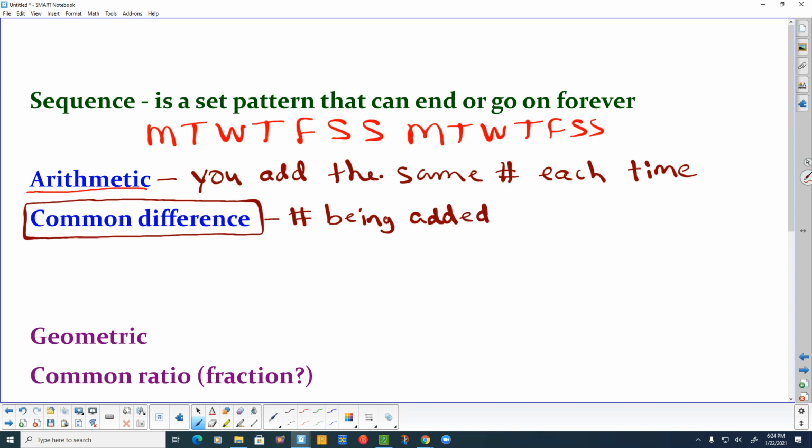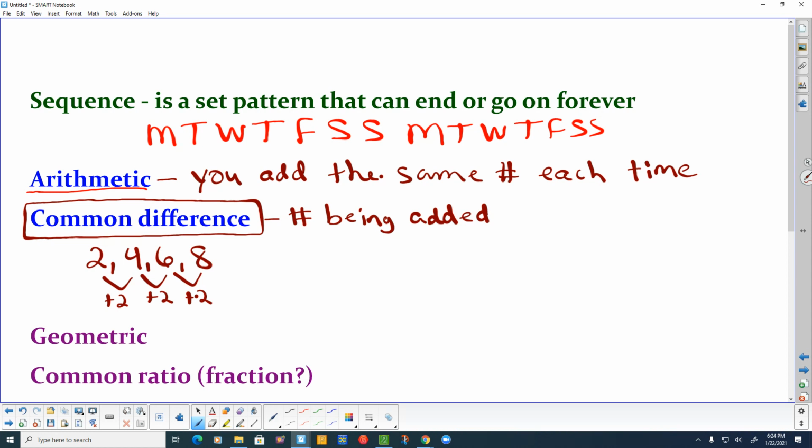For example, let's take this one. Here's a nice little sequence. 2, 4, 6, 8. How does it go? At this point, we know that each time we're adding 2. Adding 2. Adding 2.